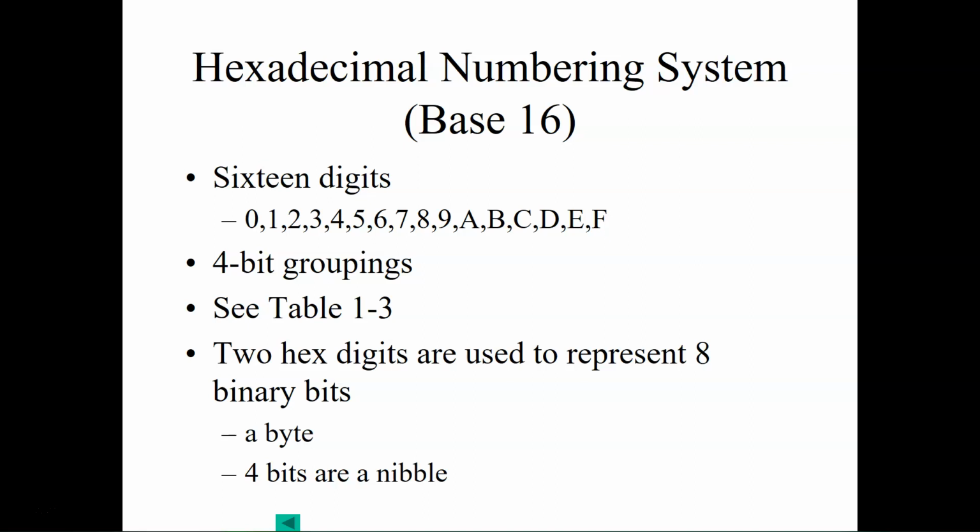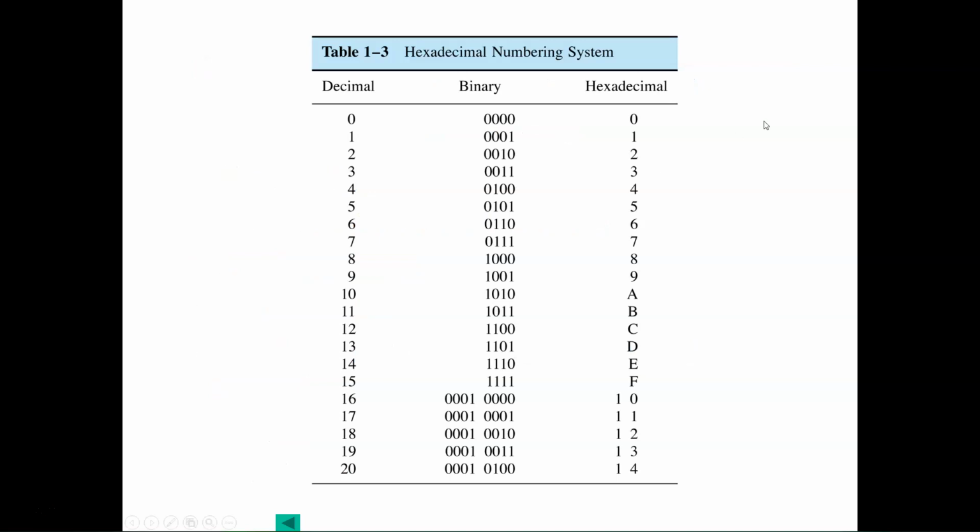So we have 2 hex digits that are used to represent 8 binary bits. And here we go for table 3. Decimal to binary, again, just checking out where exactly my 1s and 0s fall in. If I look from my binary to my hexadecimal, what is the correlation here, guys? What is the correlation you see?